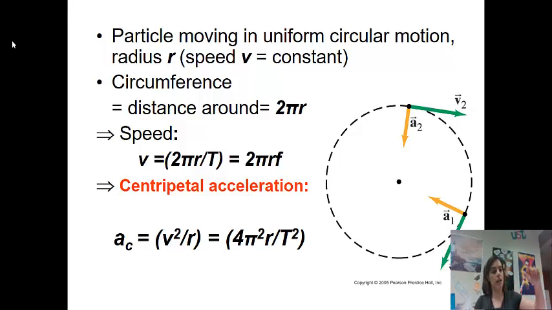So if we do 2 pi r divided by time, the period, we have our velocity. Well, the inverse of period is frequency, so we can also say it's 2 pi r times the frequency. And if we take our v value and plug it into our centripetal acceleration, v squared over r, we can then say that centripetal acceleration is 4 pi squared times r divided by the period squared.